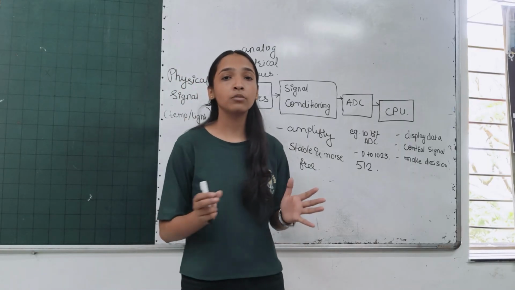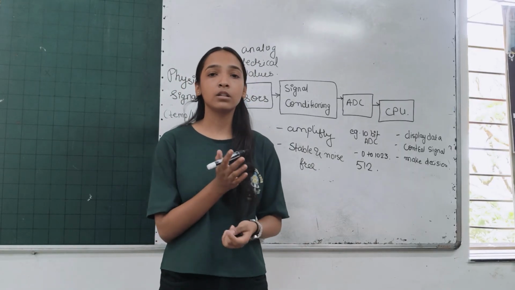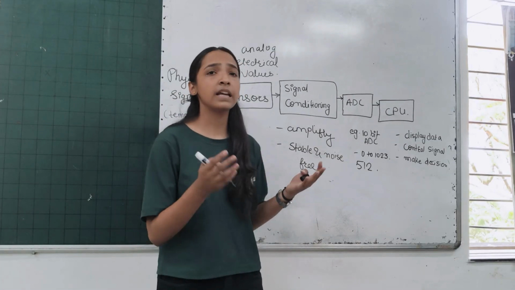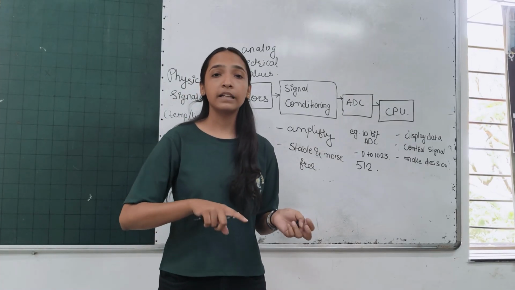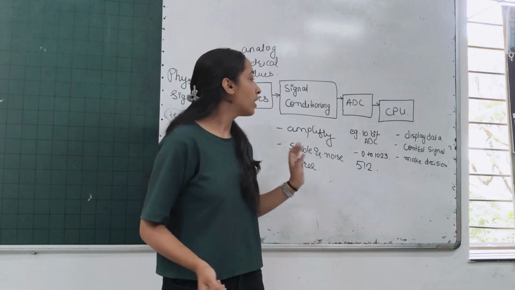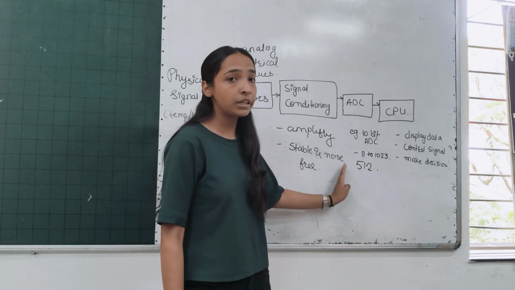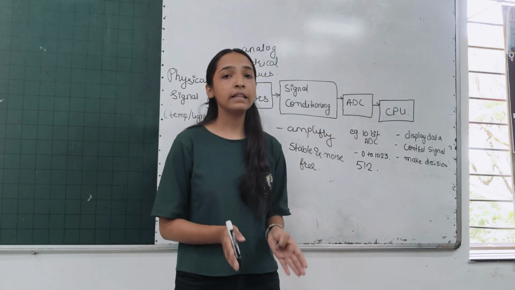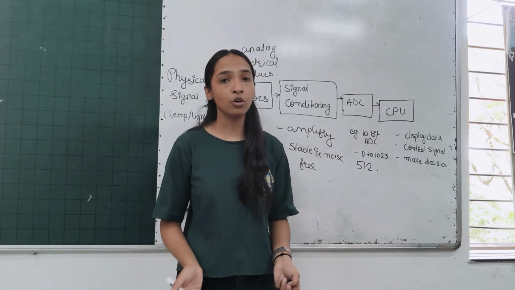So the overall flow of the ADC is: the physical values are given to the sensors and collected, then given to the signal conditioning block. Then they are converted into digital values, the data is processed through the CPU, and then the CPU will make decisions and control the output.